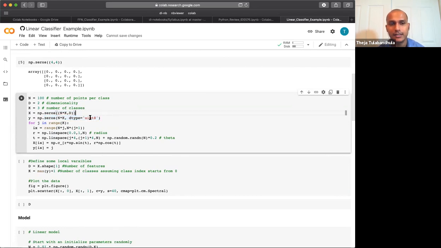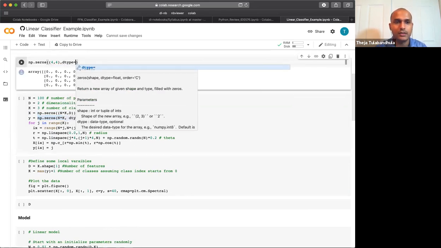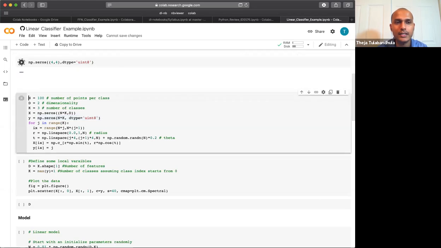You can see this in action. Actually, here I can set the type equal to uint8. If I do this, you'll see the dot vanished.